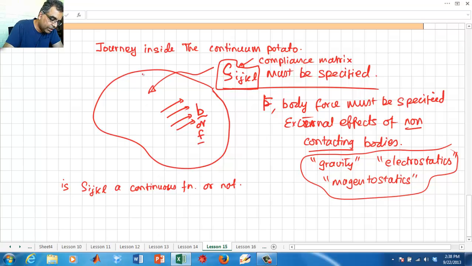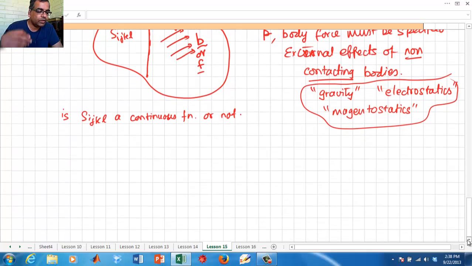If it is not a continuous function, like what happens in a composite material, you will get S1ijkl here, S2ijkl here, and this is called an interface. Okay, so those are the things that have to be specified: body force and Sijkl.